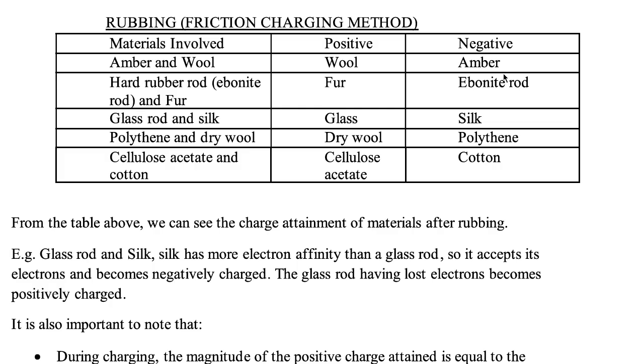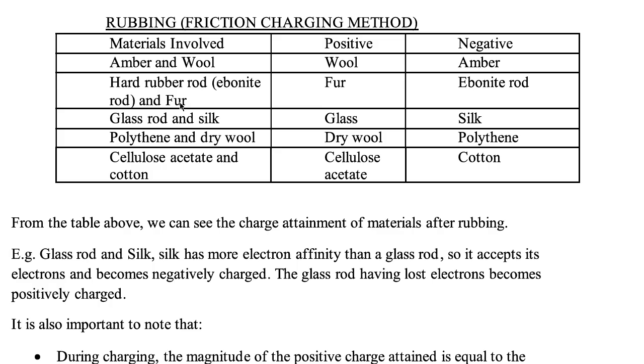Then the hard rubber rod, which is also known as the ebonite rod, and fur. When they rub together, fur has lesser electron affinity while rubber has higher electron affinity when compared with fur. So fur will do what? Give out electrons. When fur has given out electrons, it will be positive, while the ebonite will be negative. Then the glass rod and the silk.